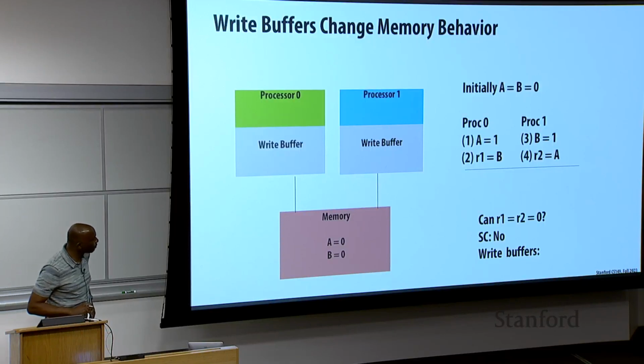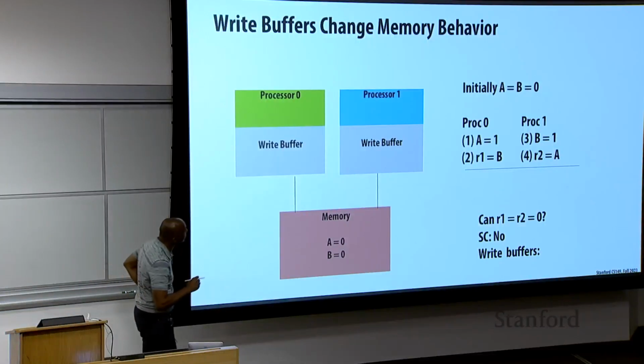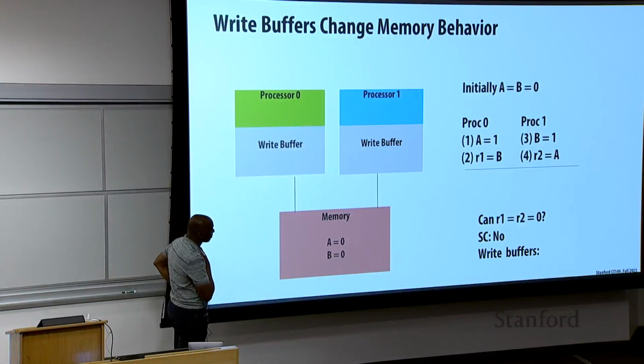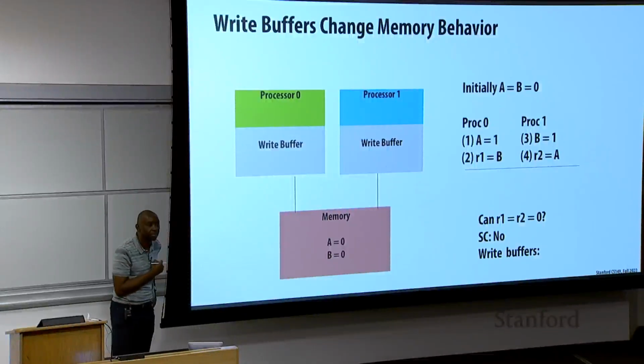So I'm going to put a write buffer in, and the problem with the write buffer is that it's going to change my memory behavior. In the case of can R1 and R2 equal 0, we said that in sequential consistency that can't happen. So the question is, how could it happen with write buffers? You asked the question, so you tell me.